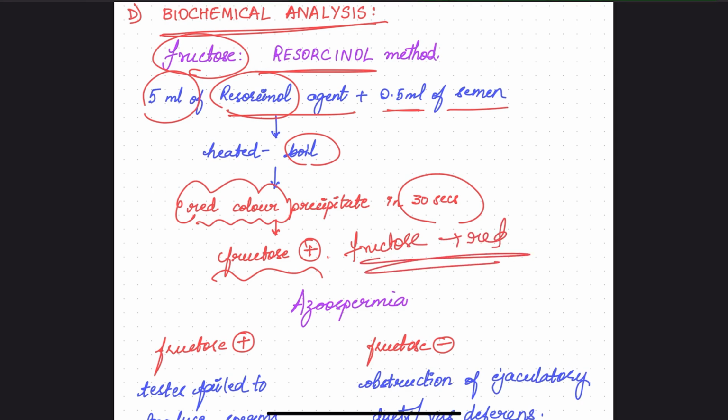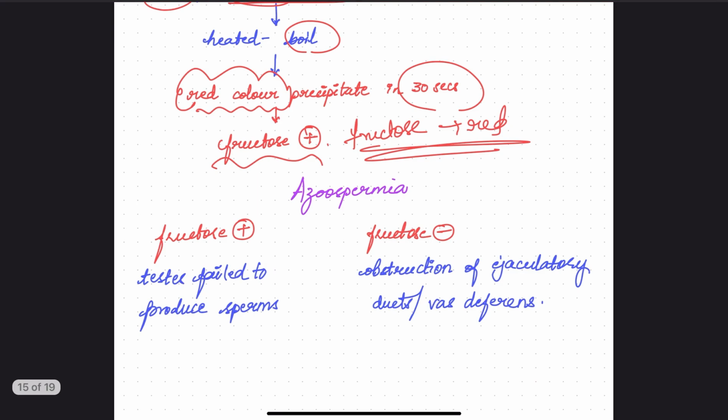Okay. While performing semen analysis, while you do a sperm count, if you find azoospermia, absent sperms, you go for biochemical analysis. If fructose is absent, it does not give a red color. That means there's obstruction of the ejaculatory ducts or vas deferens.